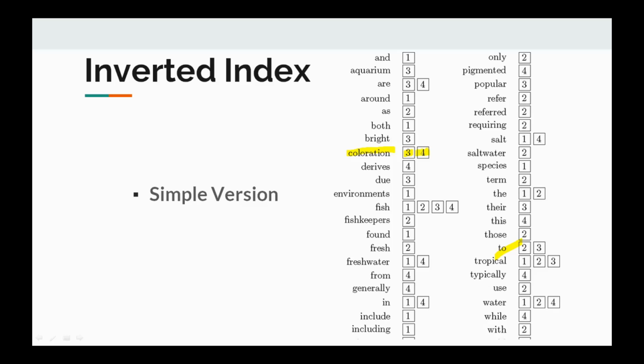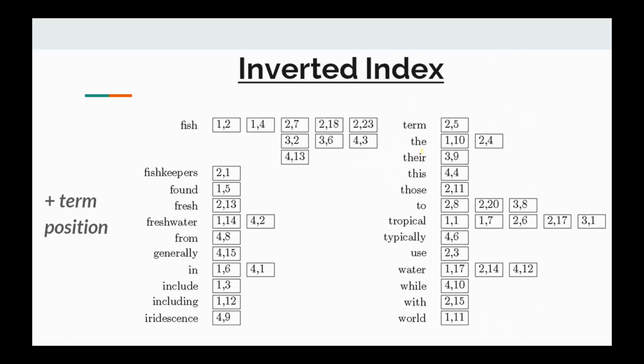This is a simple version of the inverted index. Next, inverted index plus term position. Inverted index plus term position records the position of the word or term in a document. For example, here I use found. This word is in document 1, order 5.